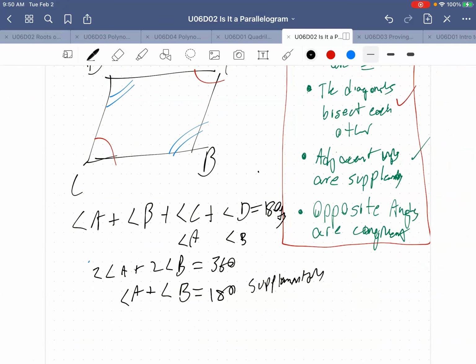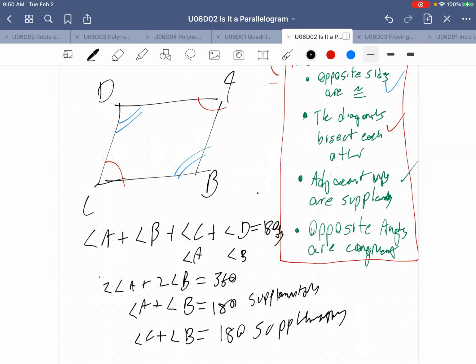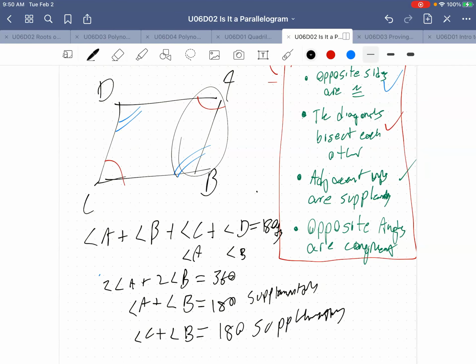And by substitution, we can say angle C, which is equal to angle A, plus angle B will equal 180 degrees, which is supplementary. So that means because these are supplementary, that makes AD parallel to CB.